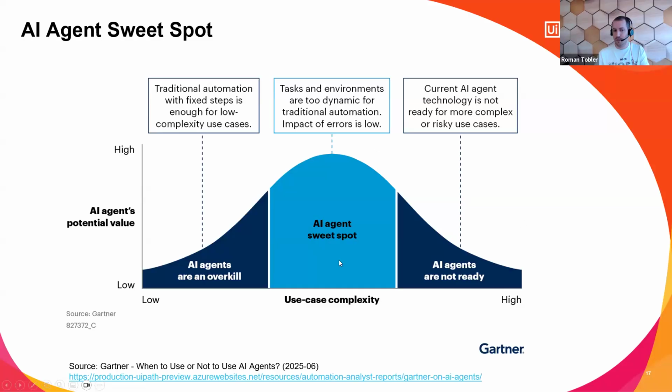This is also something we need to learn, that AI agents can be overkill for low complexity stuff, where no value is being generated, or the AI agents are simply not ready, as technology needs to evolve, it's too complex, and so on. There are many use cases, so how can we find the right use cases?